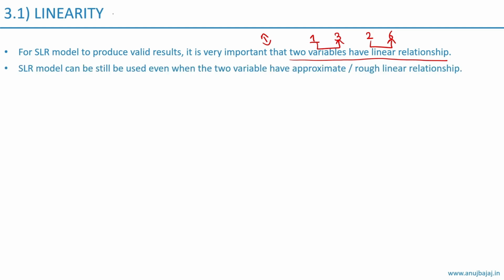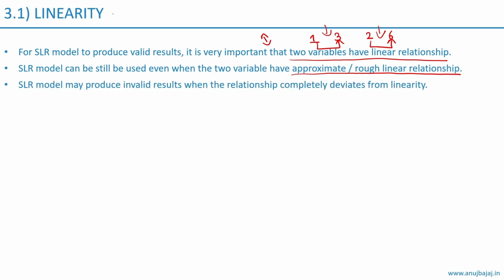Although practically it is not possible for two variables to have such a perfect linear relationship, the model can still be used even when the two variables have an approximately or roughly linear relationship. The model still gives valid results. But the model may produce invalid results when the relationship completely deviates from linearity.